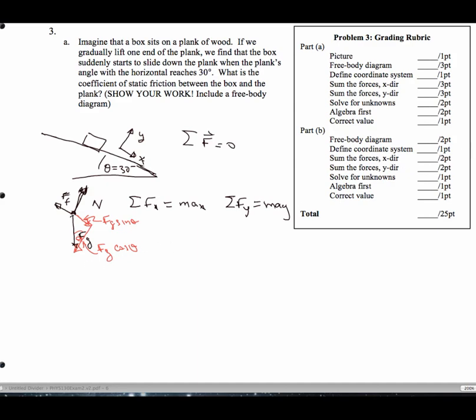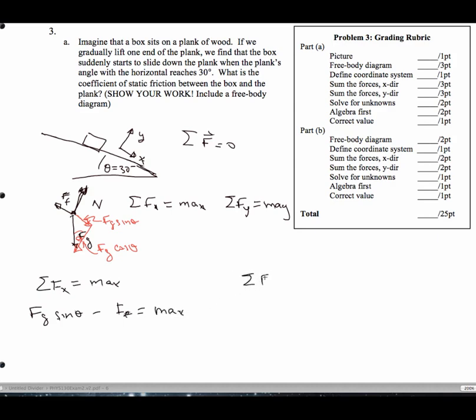Okay, so back to sum of the forces. In the x direction, I said positive is downward, so the sum of my forces is max. I have Fg sine theta minus the force of friction is max.